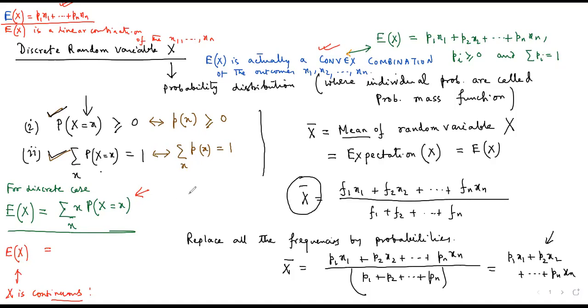Someone unmute yourself and tell me, what will be the formula for the expectation of X in the continuous case? What will be the change in the given formula? Any idea? Anybody? You can write in the chat box also directly.